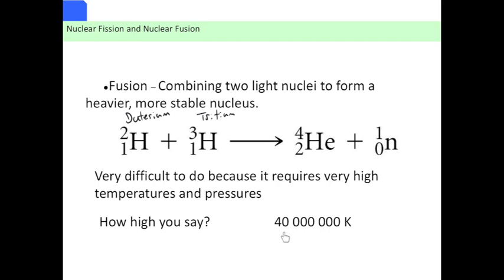And so in order to achieve this temperature, we need to have fission first before we can have fusion. Because of this, it's fairly impractical to do fusion here on Earth. The only way this ever happens is on stars or inside stars as they convert hydrogen to helium and even higher mass elements after that.